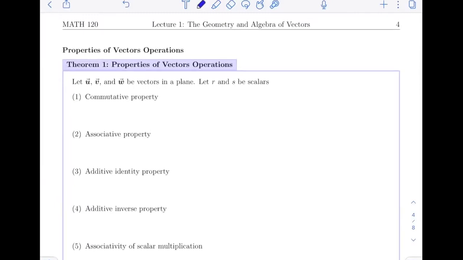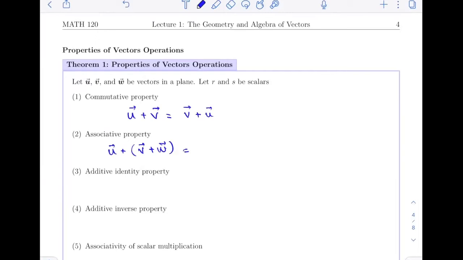So the first property is the commutative property. So if you have u plus v, this is equivalent to v plus u. The associative property is that if you want to combine three vectors together, you can combine the last two vectors first and then add the first vector.